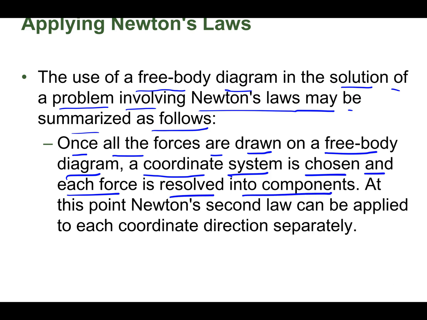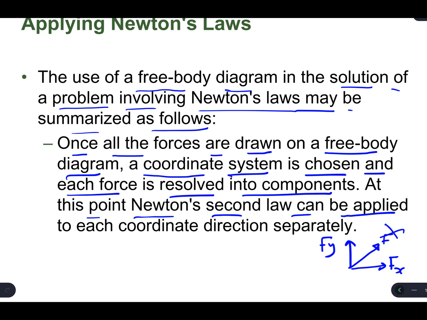You know that if you have a force from chapter 3, we can resolve it in x direction and y direction. So Fx and Fy. We can resolve the vector into two components, horizontal and vertical. At this point, Newton's second law can be applied. We can apply Newton's second law to each coordinate direction separately.